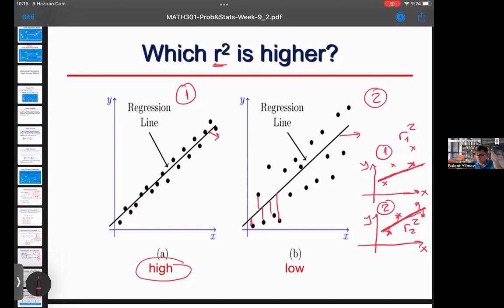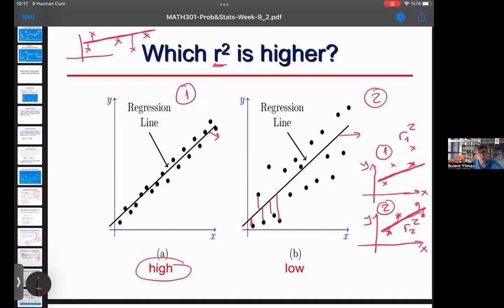If your data is so much scattered, obtaining an R-squared very close to 1 is impossible. For example, you have such data, maybe like this. You want to have such a regression line, but your R-squared will be somewhat away from 1.